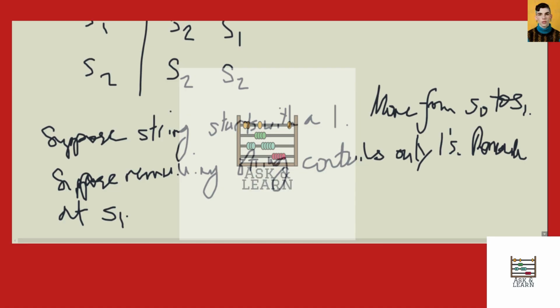Otherwise, if there is some 0 in the string, then the table tells us that we move from S1 to S2, and then once we're in state S2, we'll always remain at that state.